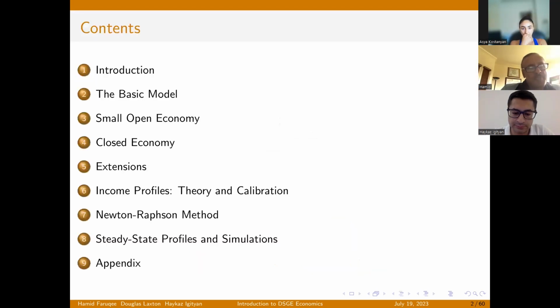So here's a roadmap of the presentation today. By way of introduction, just a few words on what we've been talking about. Haikaz, Doug and I have been talking about representative agent models, the RBC framework, where we started, the DSGE framework.